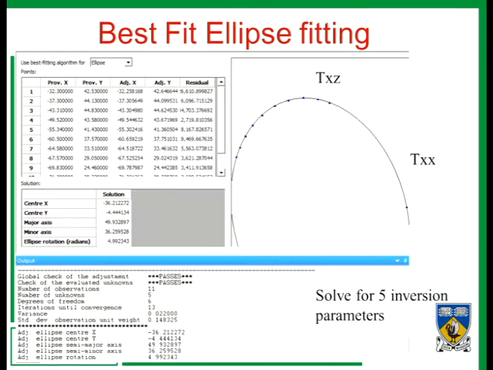So I was overjoyed to actually see not only do the observations of XZ and XX, when they're plotted, form, you know, beautifully, but the standard sort of best fit. So if you want to know about this algorithm, just Google best fit, and bingo, this algorithm is available in the public domain. And there are the 5 things you're solving for: the centre, the axes, and the rotation.